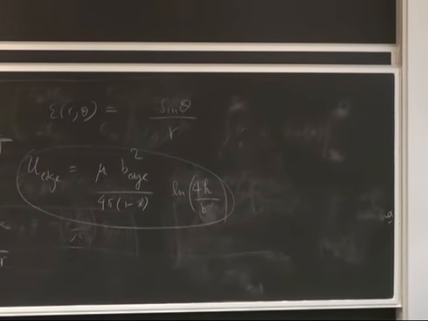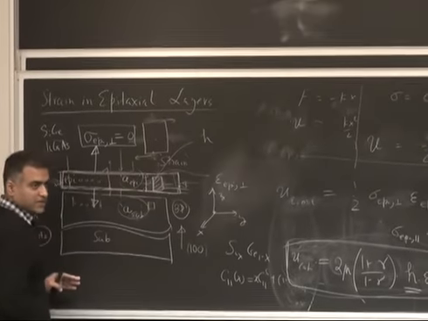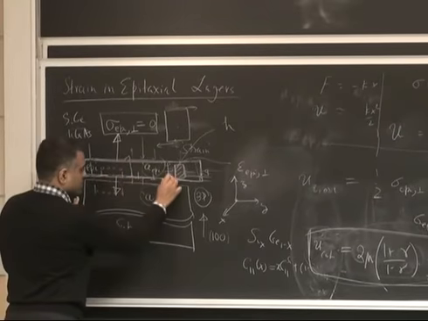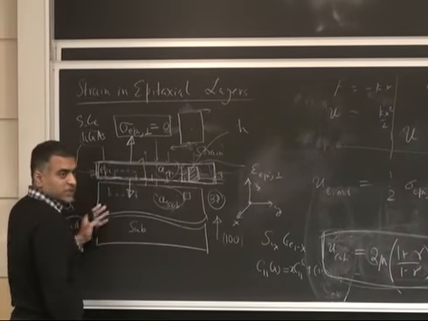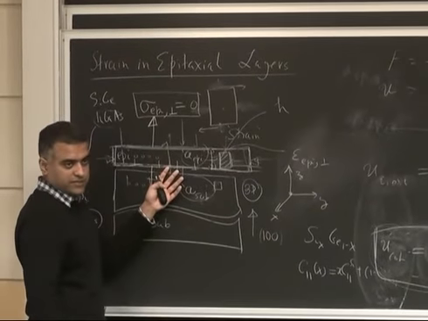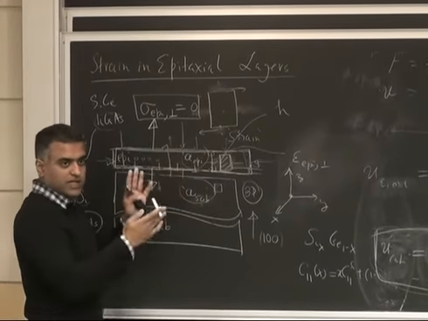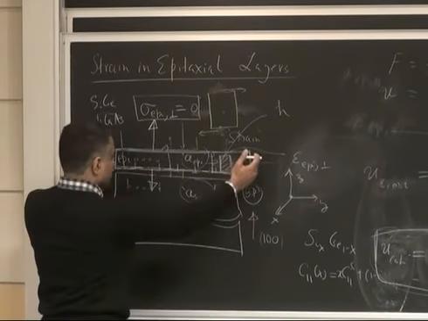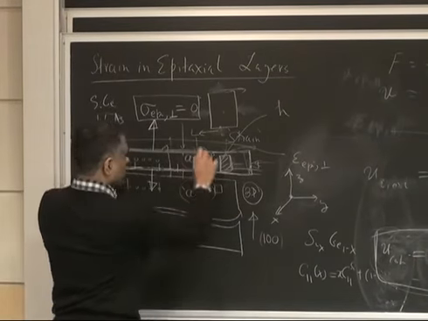Basically, if this layer here has to completely relax by the formation of a number of dislocations here, each dislocation relaxes it by roughly the order of the Burgers vector, right? That's the length it gives you. And the total length is like some wafer size, big L, let's say.